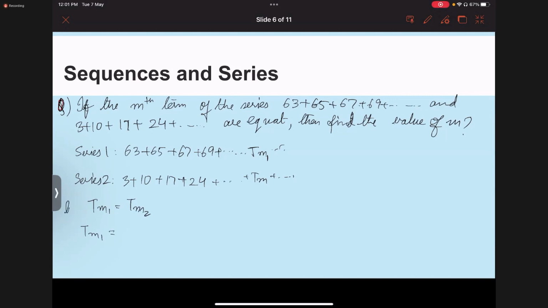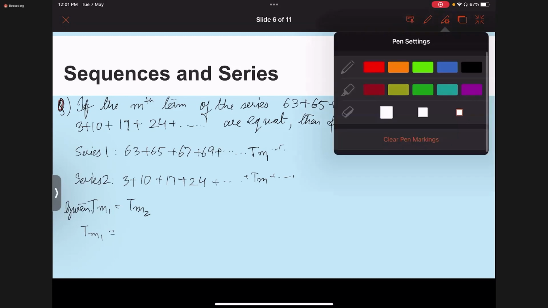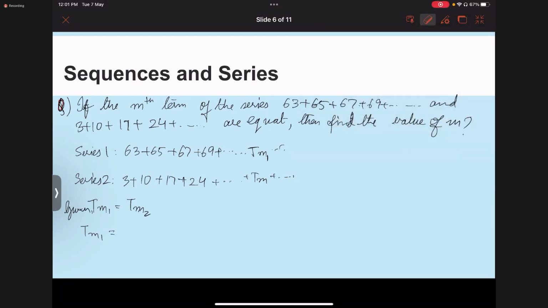So Tm1 we can get as 63 plus, you can see the d is equal to 2 here, and over here your d is equal to 7.